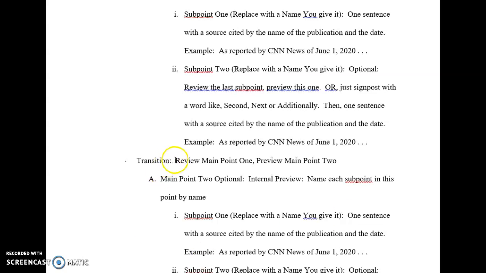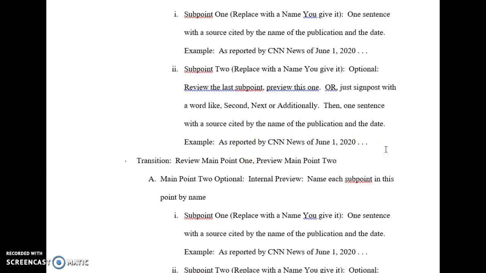Next, you have a transition between main points. So you're going to review the first main point: now that we understand the problems, and preview the next main point: we can talk about the causes. Or, now that we understand that the police get away with too much, we can talk about how we let them get away with too much. Whatever your main points are.